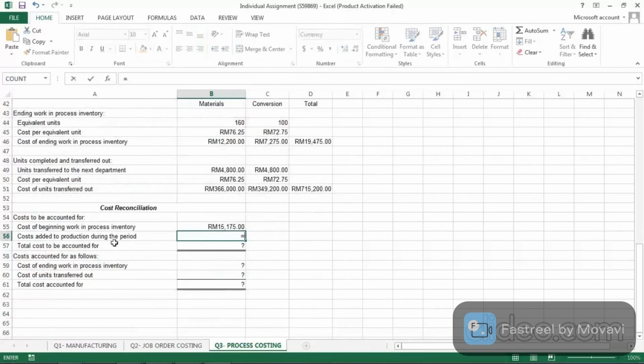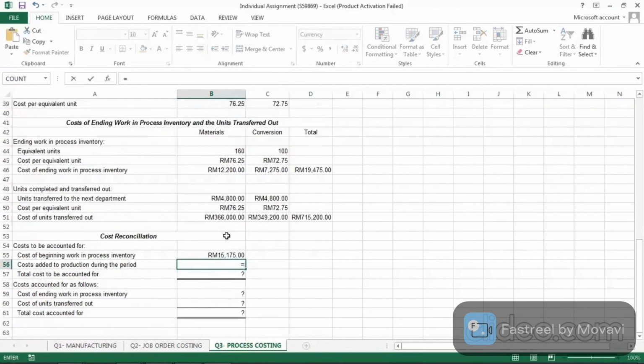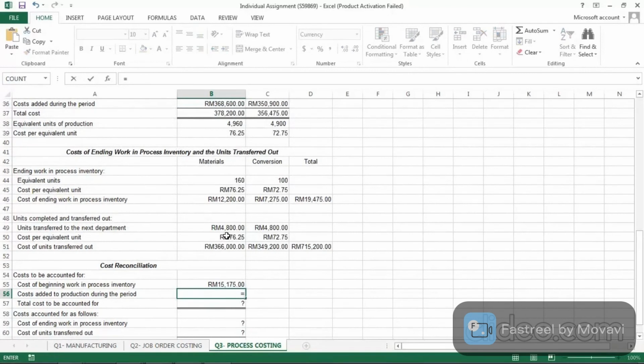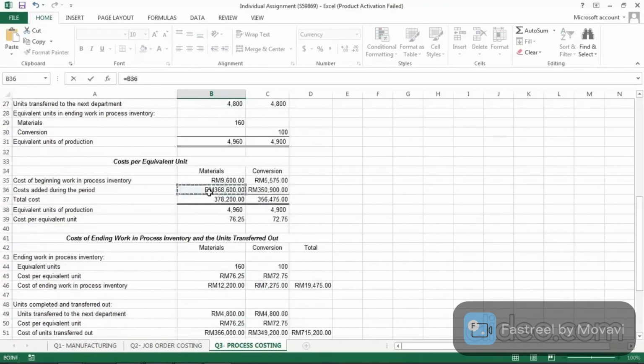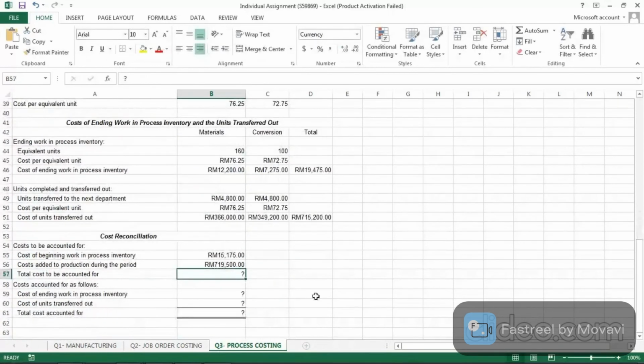Cost added to production during the period, this one plus the conversion cost. And then the total cost to be accounted for, 15575 plus 719,500.